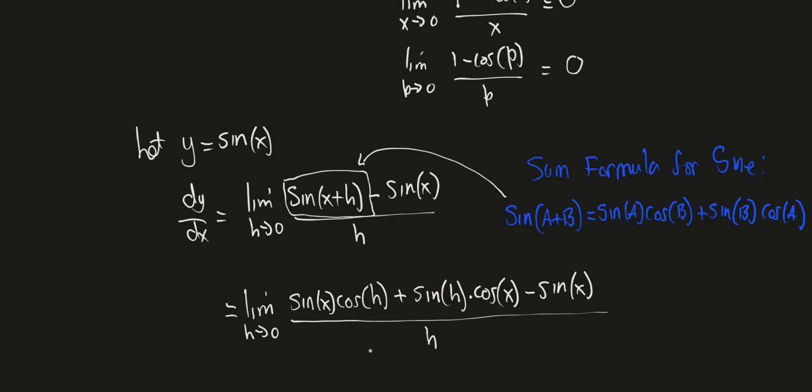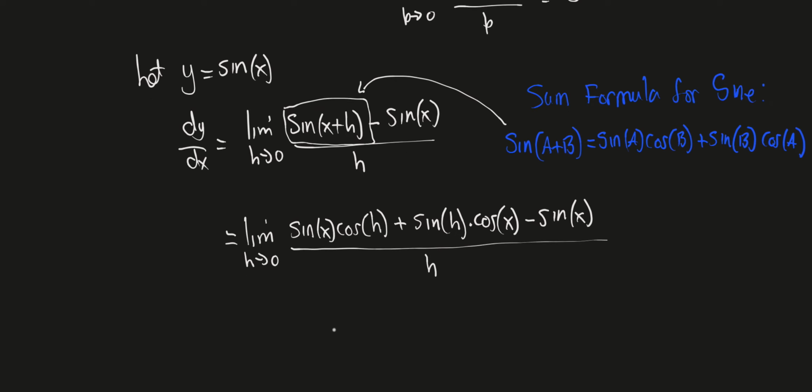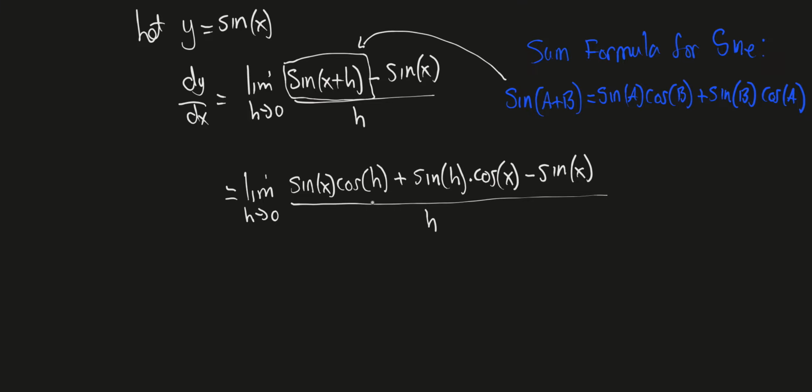All right. Now, what can we do with this? Well, we can split this into two separate fractions. So I'm going to say this is the limit as h approaches 0, and use some square brackets there. Now, I notice there are two terms in the numerator that have the sine of x, so I see a common factor there. I'm going to group those two terms and put them all over h.